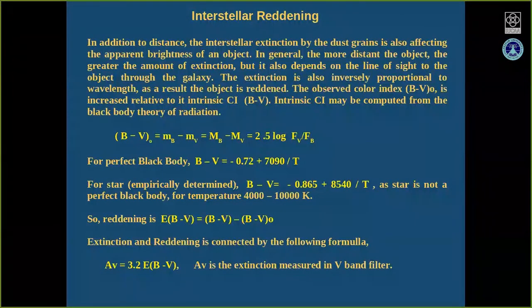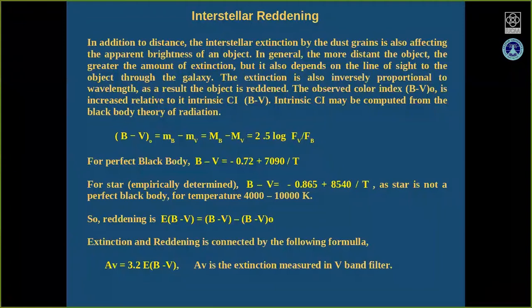No, we cannot consider our star as a perfect black body, because if it is a perfect black body, then there should be only continuum. But in case of stellar spectra, sometimes you may get absorption features, sometimes you may get emission features.